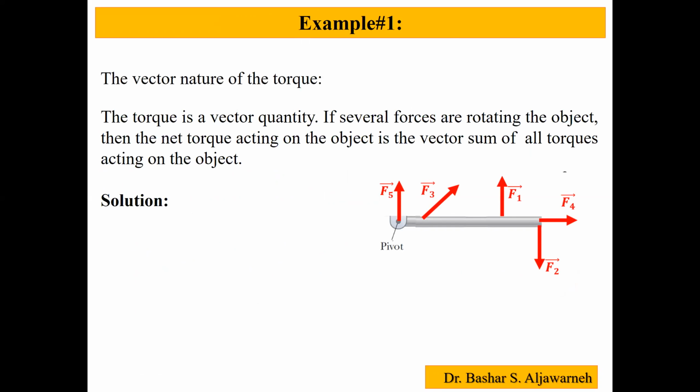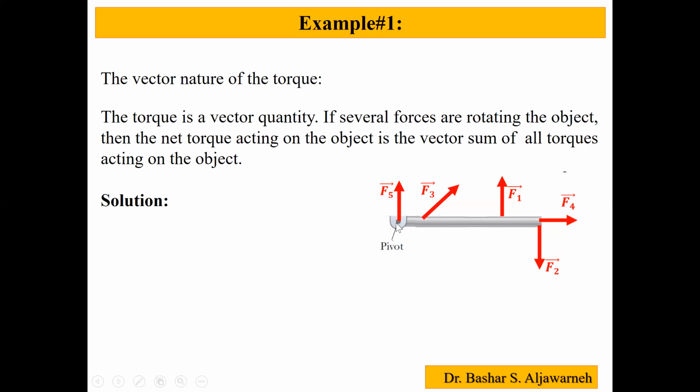Okay, when we are talking about torque, we are talking about the nature vector of the torque. And please pay attention, when you are going to calculate the torque about a certain point, you have to include all the forces and their action as a torque. Now, in this example, we have a rigid object fixed about a certain point.